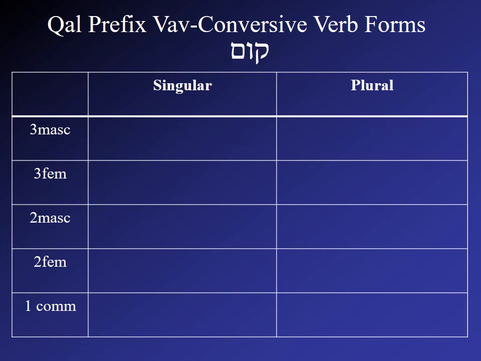Our standard is kum: vayakom, which becomes vayakumu. And here is our first nun, natan: vayitain, vayitnu.